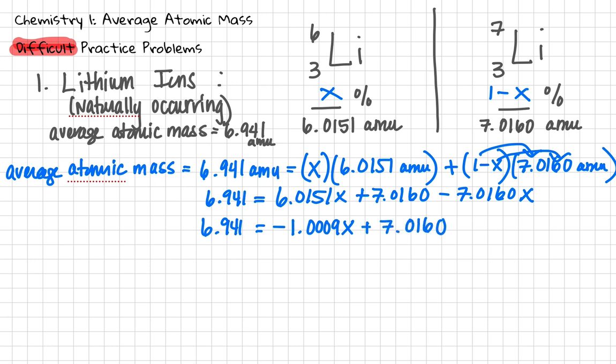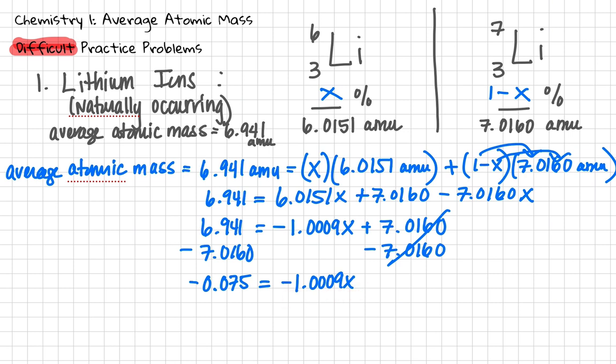Now, I need to isolate my variable. So if I have a plus 7.0160, I'm going to subtract the 7.0160, and I'm going to do the same thing on this side. That cancels out. The math is going to be negative 0.075. So you could say negative 1.0009x.